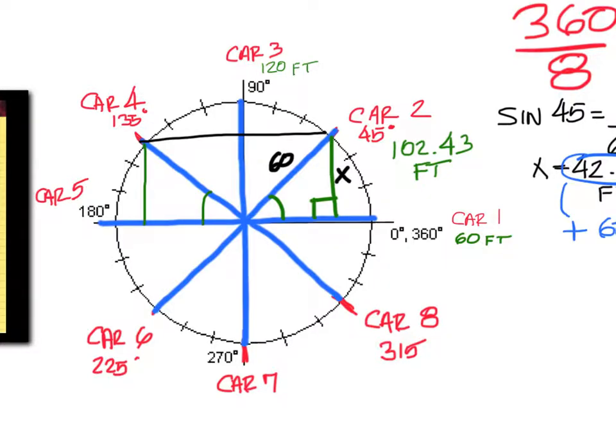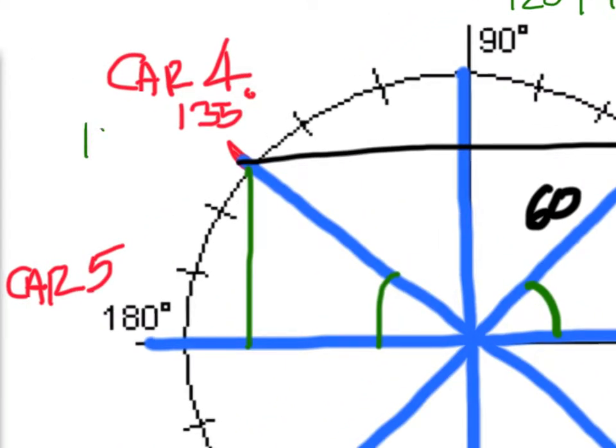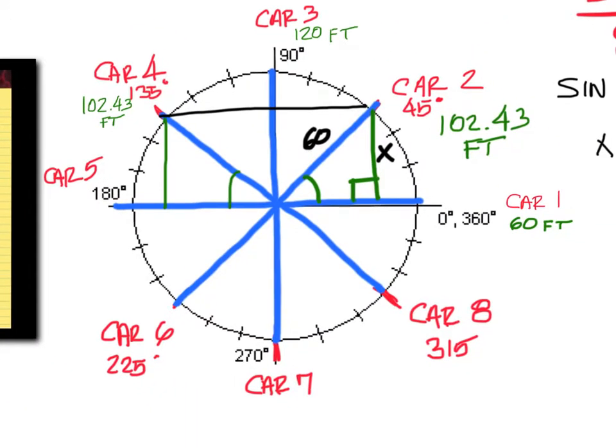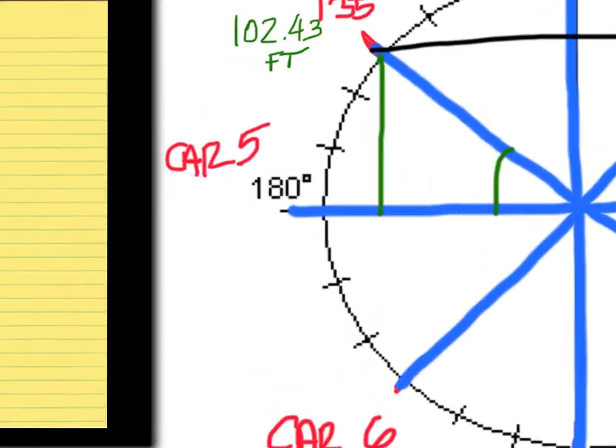It's even with it. It has the same degree measurement. So we can fill that one in, 102.43. Car 5, is there anything to calculate? No, it's just 60.